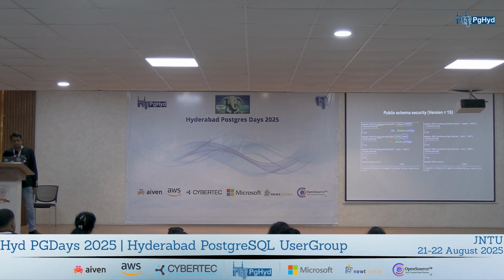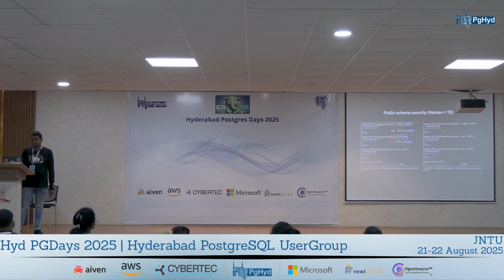So here I would like to explain this with an example. There are predefined functions available in Postgres to check whether a particular role has the required privilege on a particular database or a particular schema. If you see here, I have the public role, the Postgres database and the connect privilege, and it is returning true.